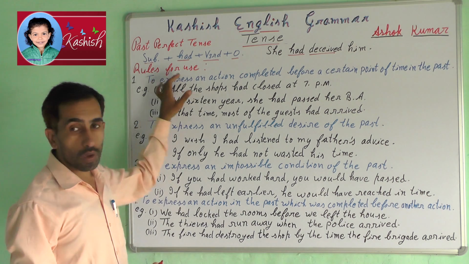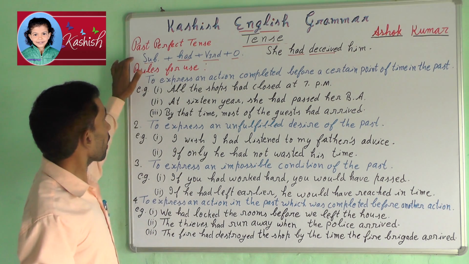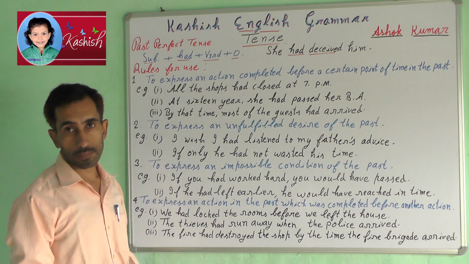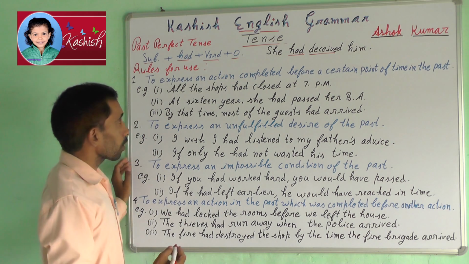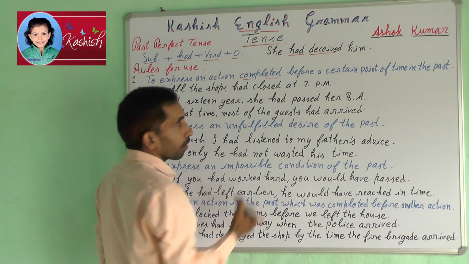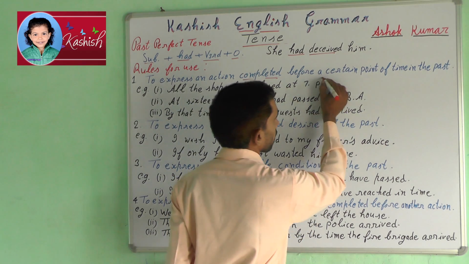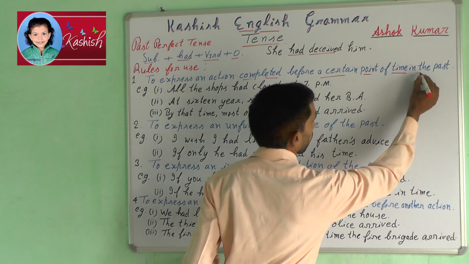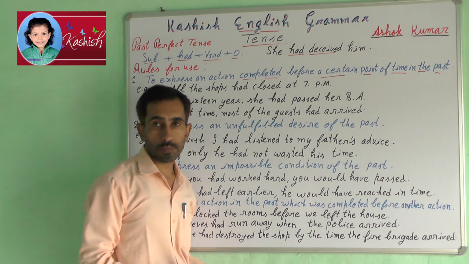Rules for use of past perfect tense. First, to express an action completed before a certain point of time in the past.